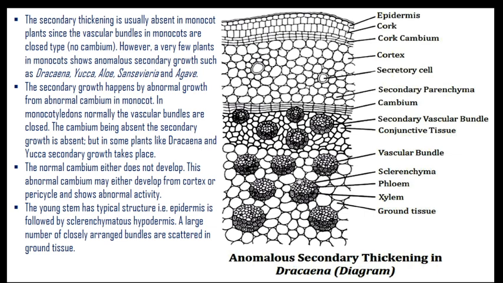This one is the sclerenchyma sheath, which is also called the bundle sheath, and this is a vascular bundle. The darker patches are the xylem. The lighter patches are the phloem, and xylem and phloem are surrounded by the bundle sheath cells.